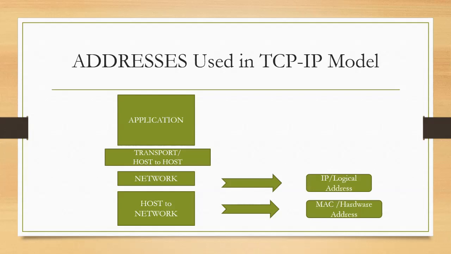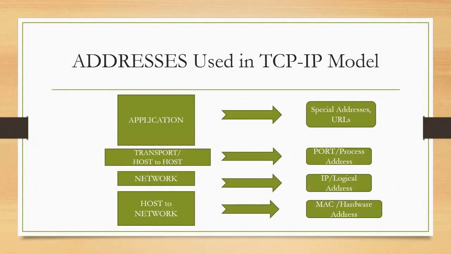The logical address is also known as the IP address, which is relevant at the network layer. At the transport layer, the port address is significant, which is also known as the process address. And at the application layer, we have special addresses and URLs. These special addresses might contain domain addresses.